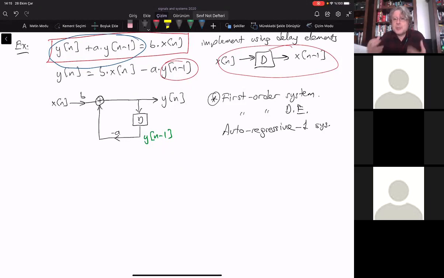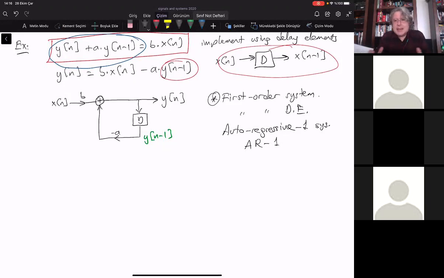So the output depends on a regenerated value of the output in the previous sample. Y of n also depends on y of n minus 1. Such systems, we call autoregressive. Also denote them as AR1, autoregressive in short. AR1. The 1 means the present output requires the knowledge of the one past.